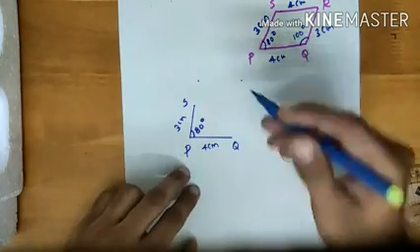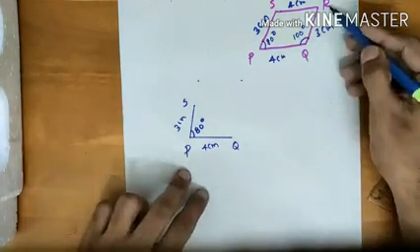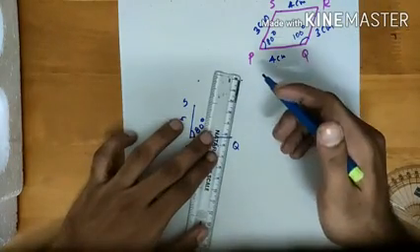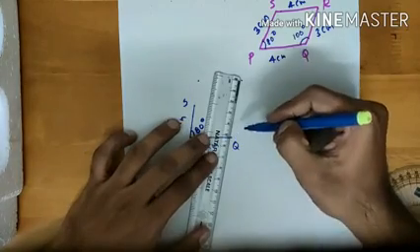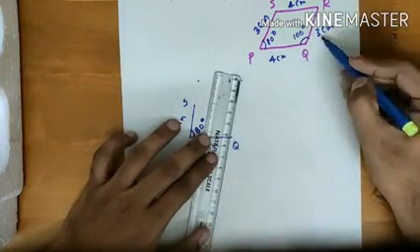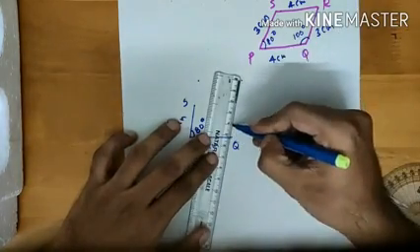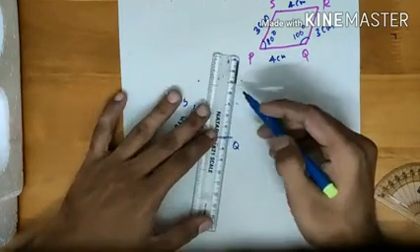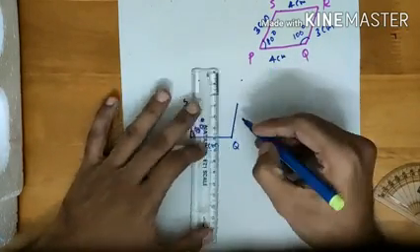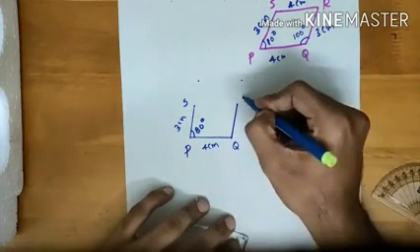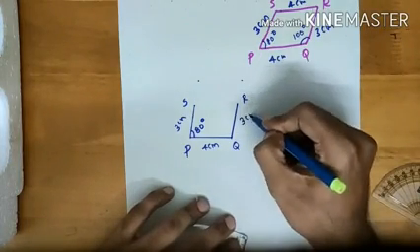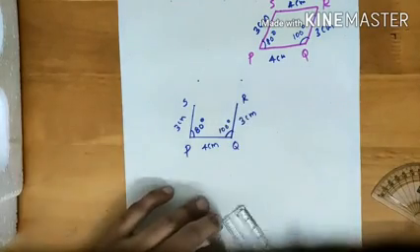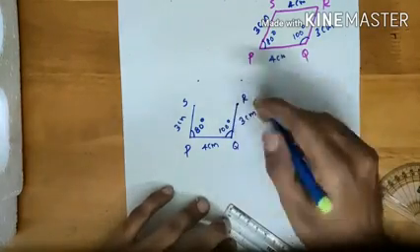Again, what is the length of QR? It is 3 centimeters. So for QR, I am measuring 3 centimeters. 1, 2, 3. So this is our R, it is 3 centimeter. And what is this angle? It is 100 degree. So we get two endpoints here.